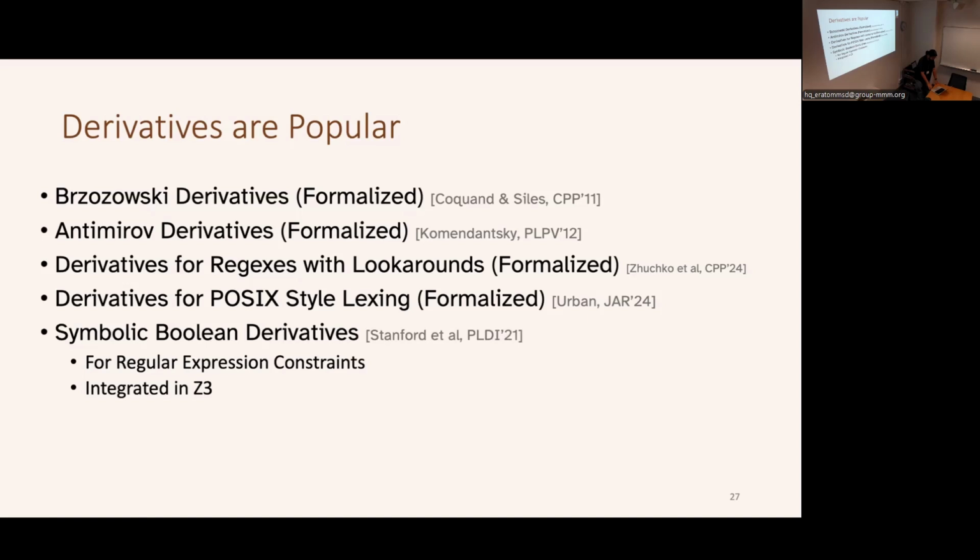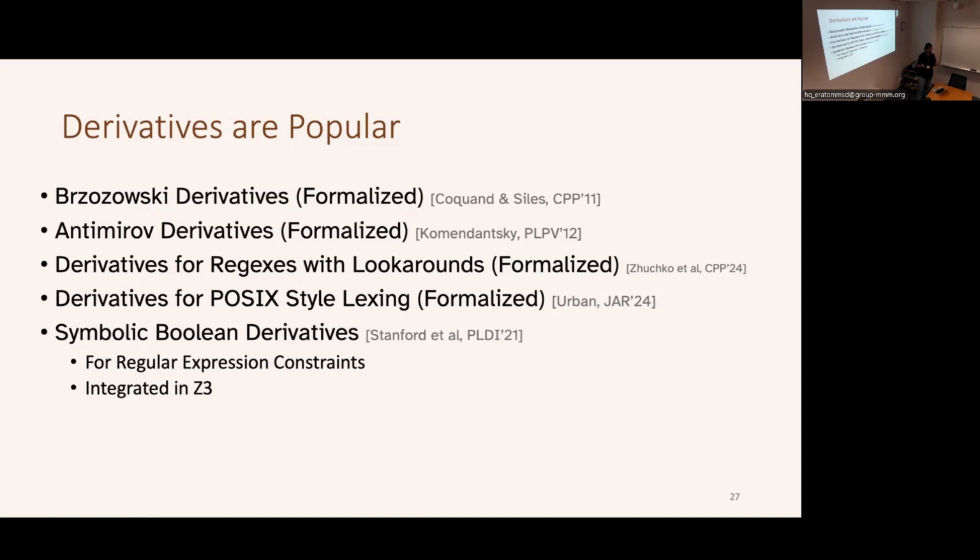Some people have looked at something which they call symbolic Boolean derivatives, and this is now integrated into Z3. Z3 is an SMT solver, and one of the theories it has, perhaps rather new, is the theory of regular languages.